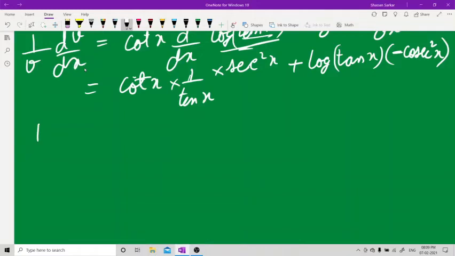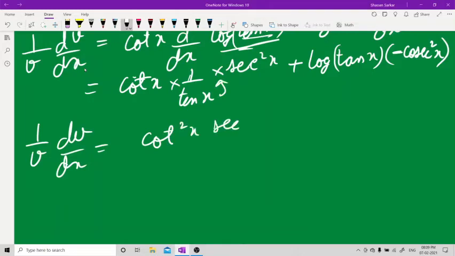Now 1 upon v dv dx is equal to cot square x, this tan has gone up, cot square x sec square x, plus, so this minus will make it minus cosec square x log tan x.